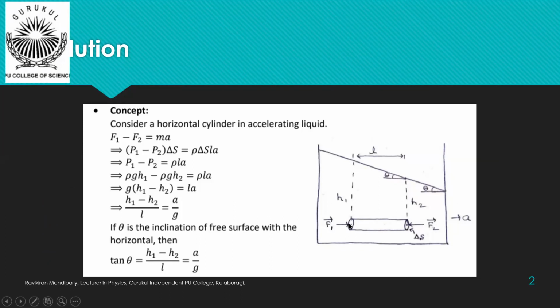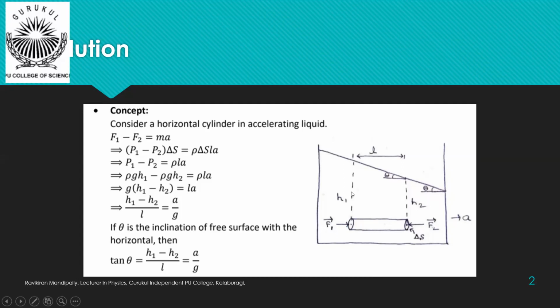Here if you see, F1 force is acting on this face and F2 force is acting on this face, and we have clearly shown the forces in opposite directions because there is a net acceleration A towards right side. So there is a force F1 towards right, there is a force F2 towards left, and this force is greater because at this position pressure is more.